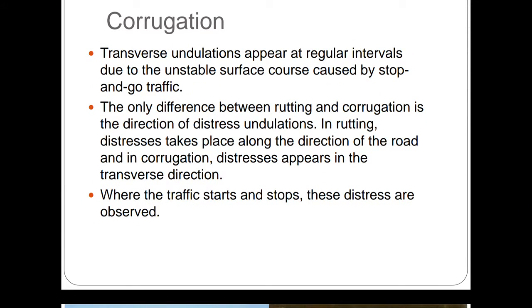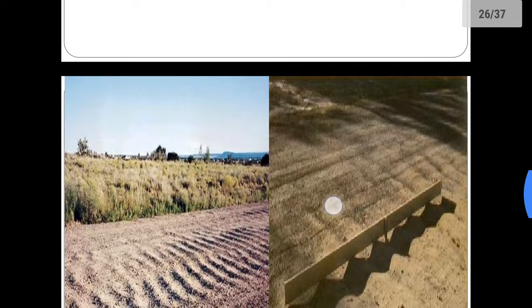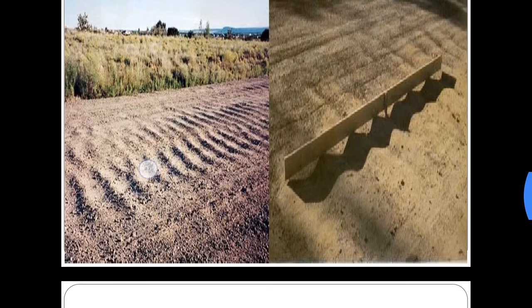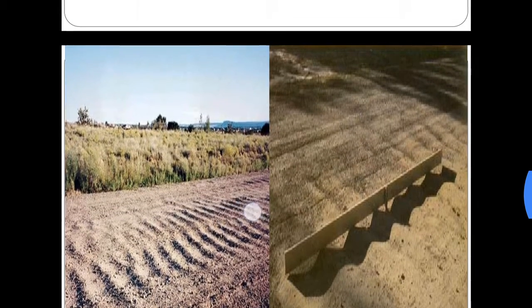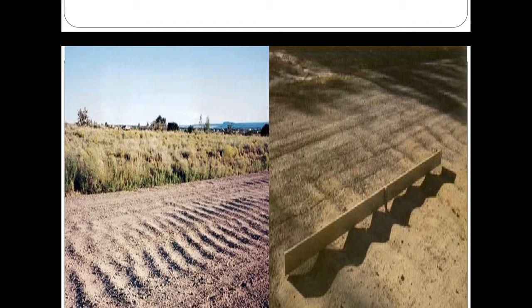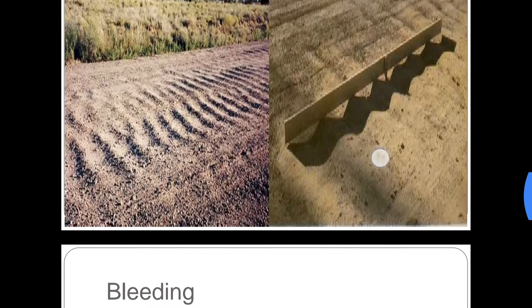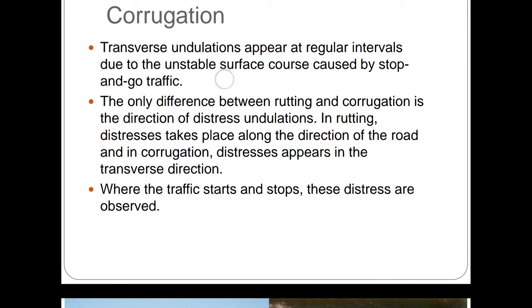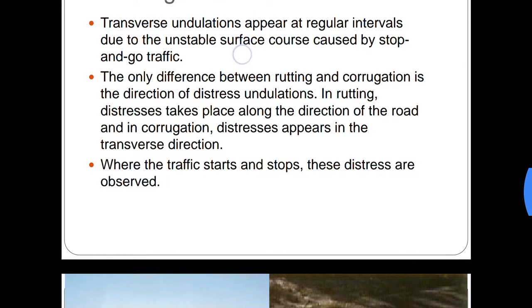So the next type is corrugation. What is corrugation? As you can see here, corrugation is the transverse deformation. This wave like structure that you can see on the roads is in the transverse direction, not in the longitudinal direction. Transverse undulations appear at regular intervals due to the unstable surface course caused by stop and go traffic.